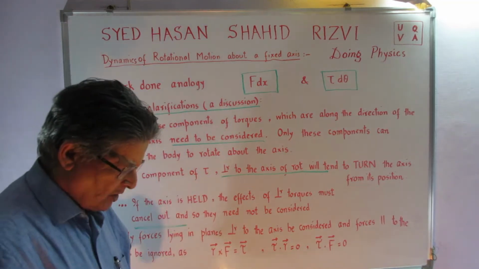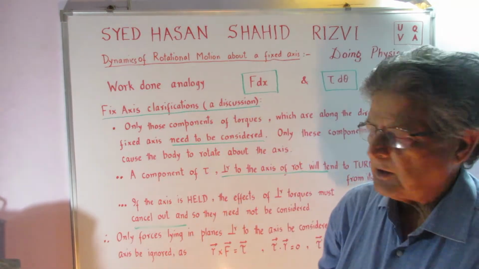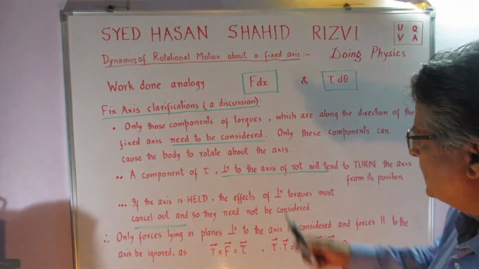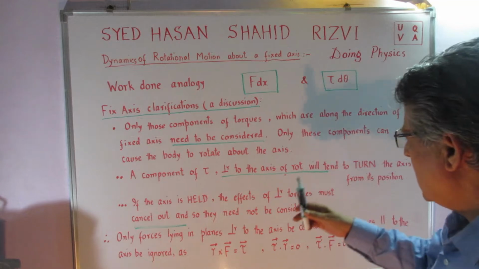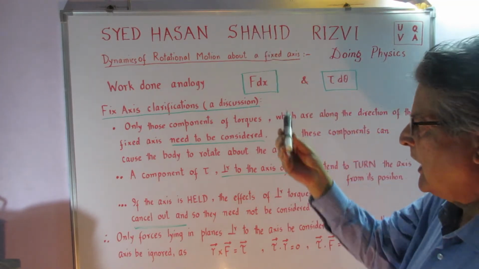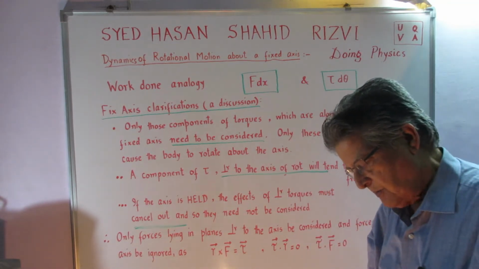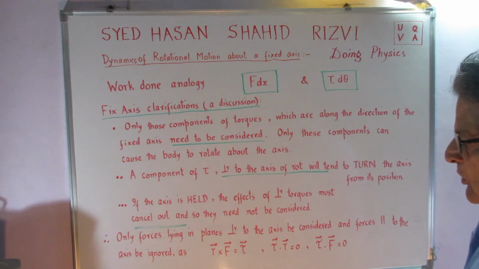Because they cancel out, we are not going to consider them. What we are going to consider is the components of the torque which are in the direction of the axis, and not those perpendicular to it, because they tend to cancel out each other.